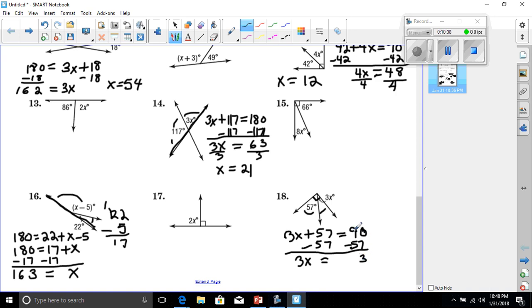I borrowed one here, so that's going to be 8 minus 5, which is 3. And I know now that 3x equals 33. Well, I have to get x by itself, so I'm going to divide by 3. That'll give me 3 over 3, which crosses that out. And now I have to divide this side. 33 divided by 3 is 11. So I know that x is 11.